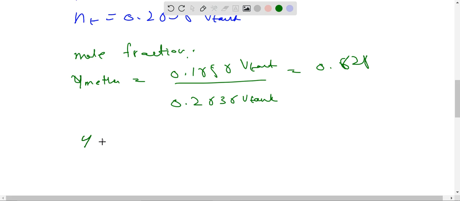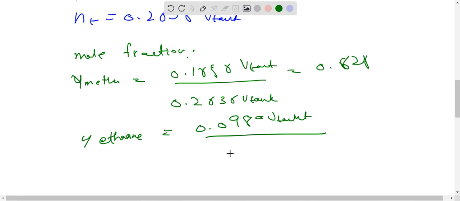Now calculate for ethane, which is the number of moles of ethane, 0.0980 V tank, divided by the total number of moles, 0.2636 V tank. So the mole fraction for ethane is 0.372.